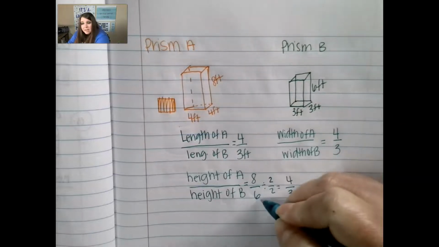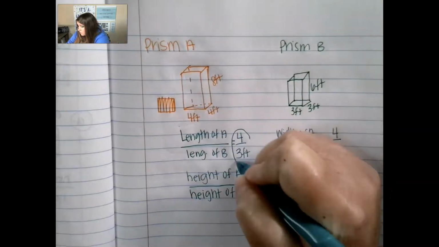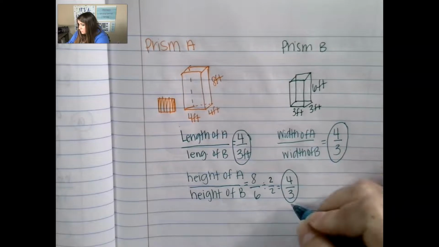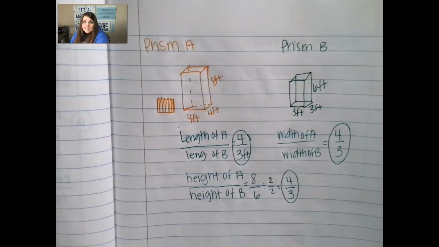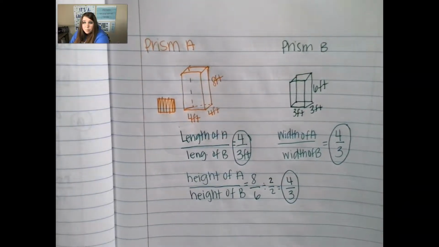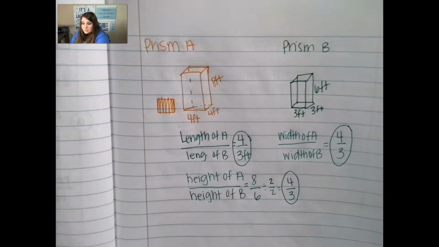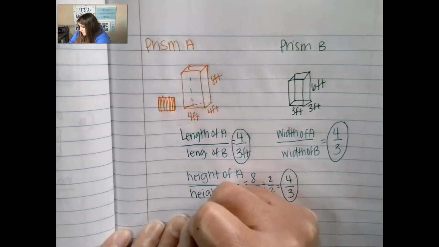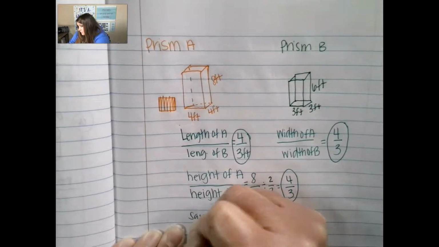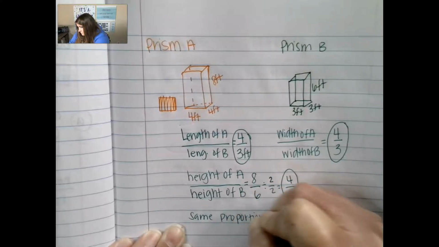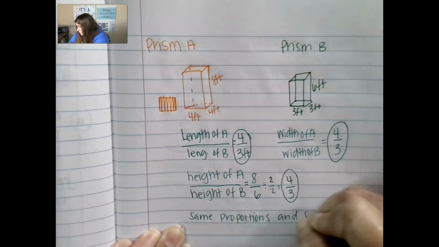So by simplifying this fraction, we get 4 over 3. So all of these are 4 over 3, which means that they have the same proportional relationship. So with these two prisms, we have similar solids. Same proportion.